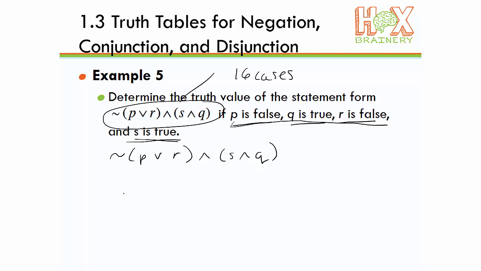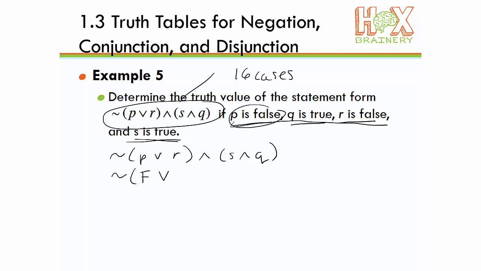And then I'm going to replace all of these simple statements with their corresponding truth values. So I have negation, and then in parentheses I have P or R. Well, P I'm told is false, so I'm actually going to replace the P with an F, with its truth value.